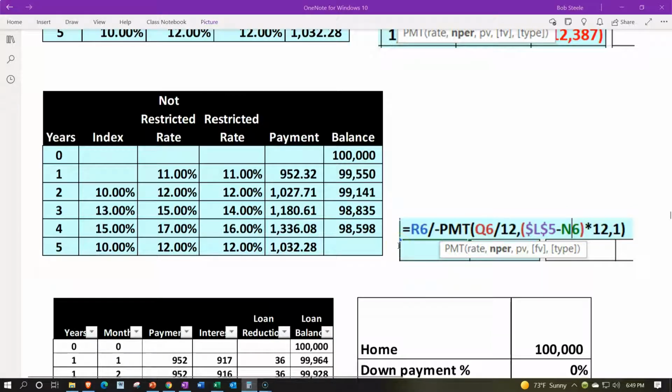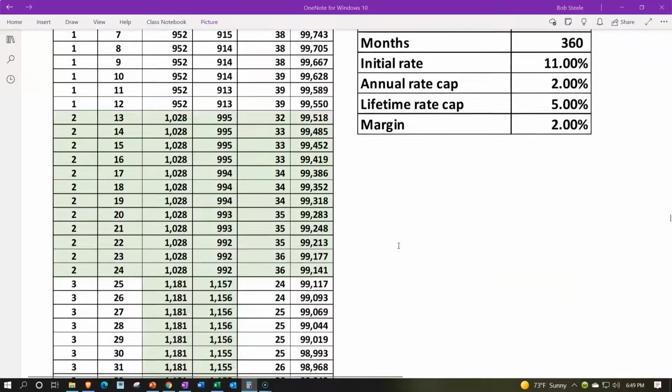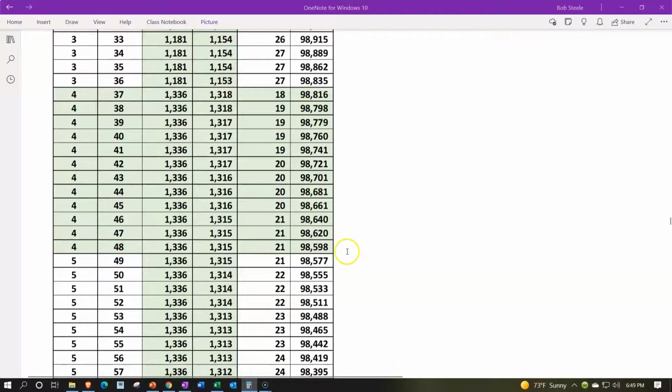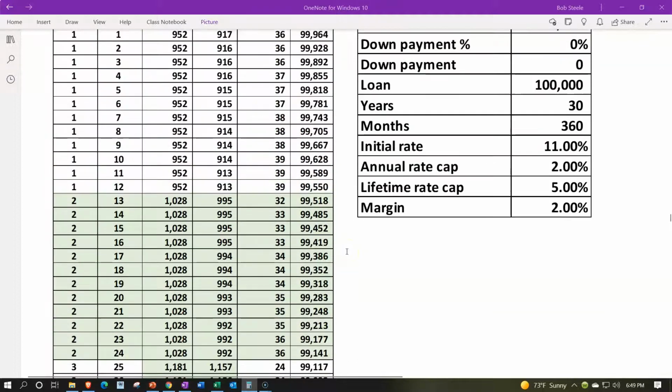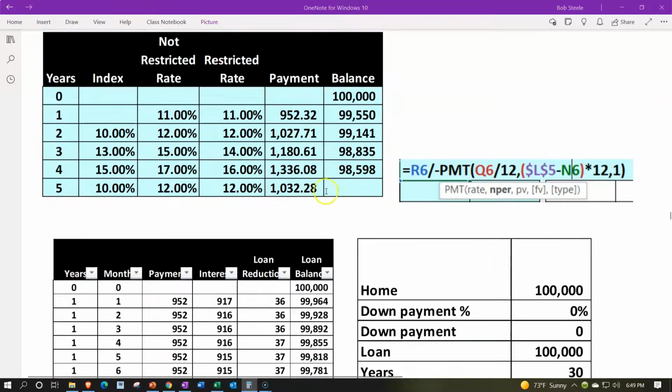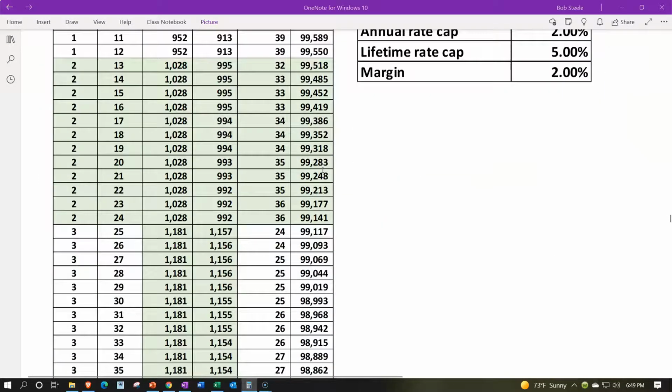Let's see if after year 4 we're at 98598. After year 4, 98598. There it is. Looks good.